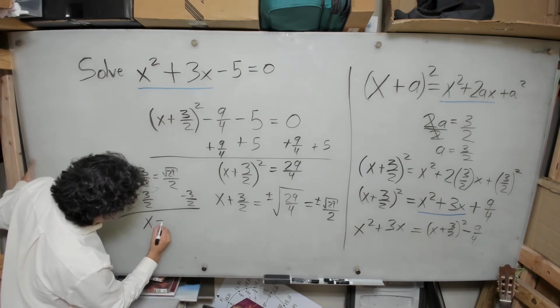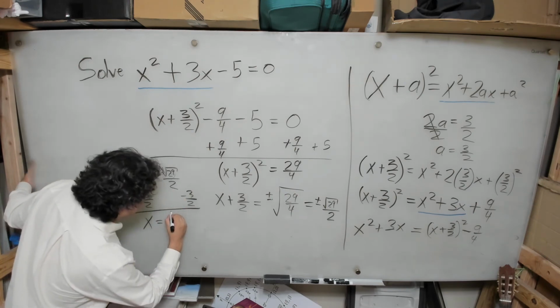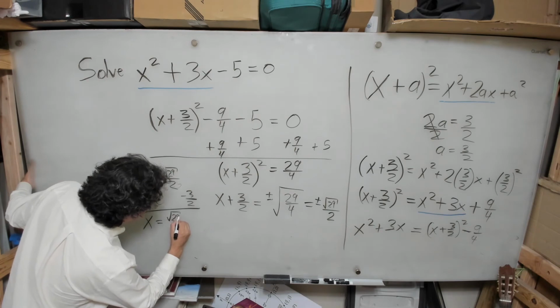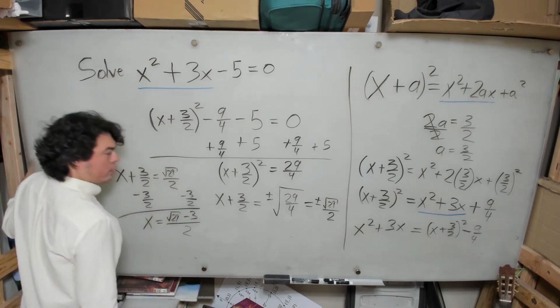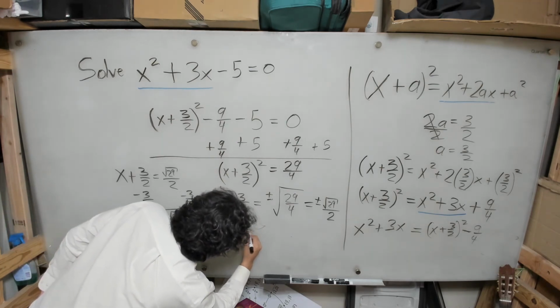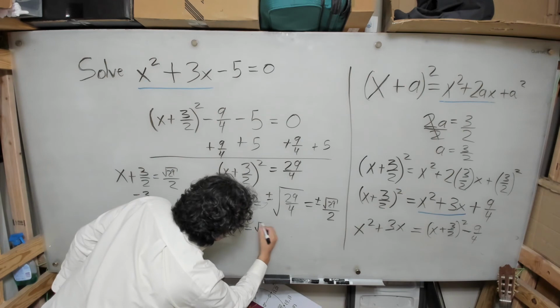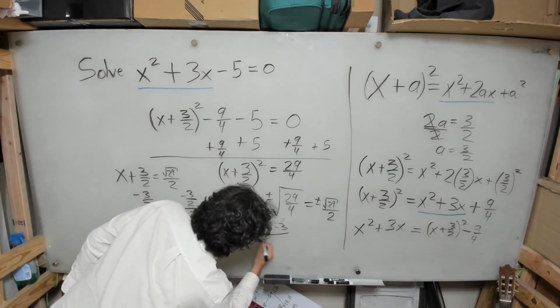And x is going to equal, they have the same denominator, so I can simply subtract the numerators. Square root of 29 minus 3 over 2. That's one of my roots. I'm going to summarize that here. X equals square root of 29 minus 3 over 2.